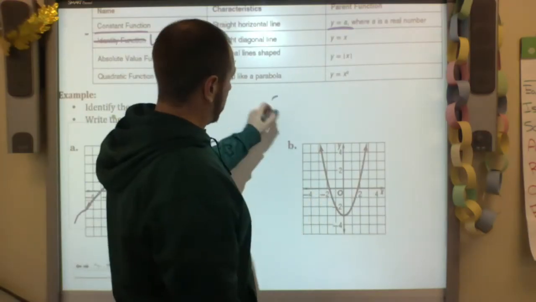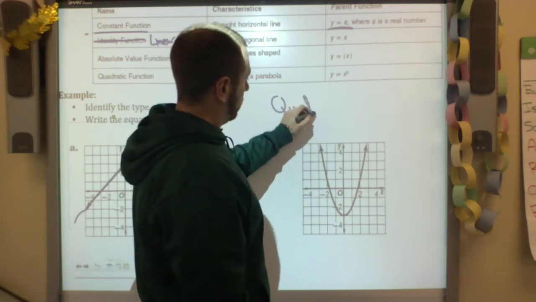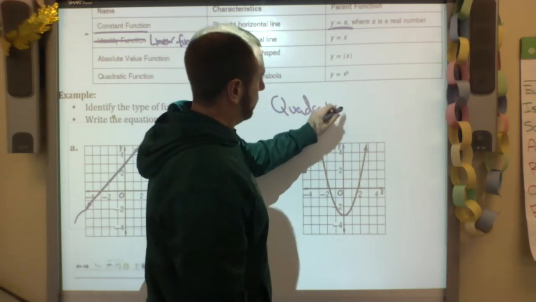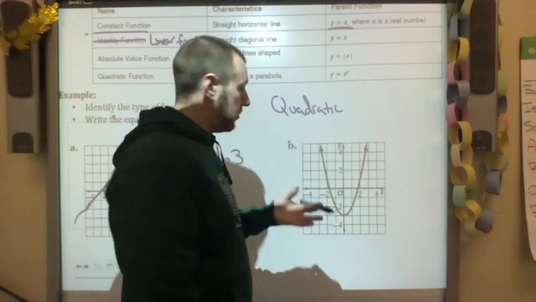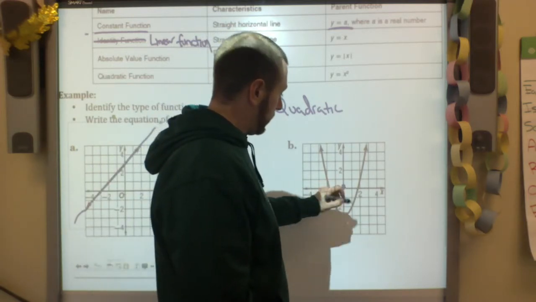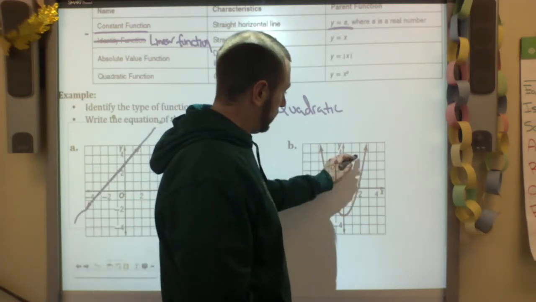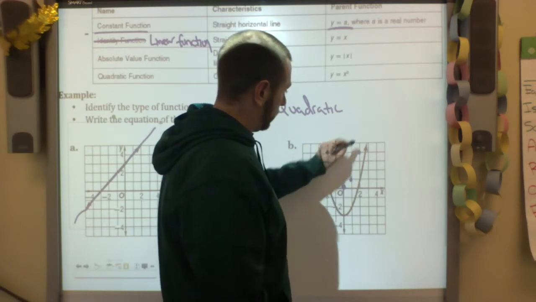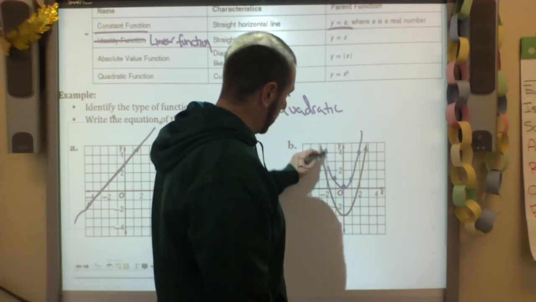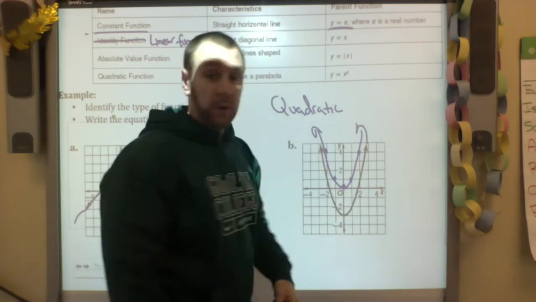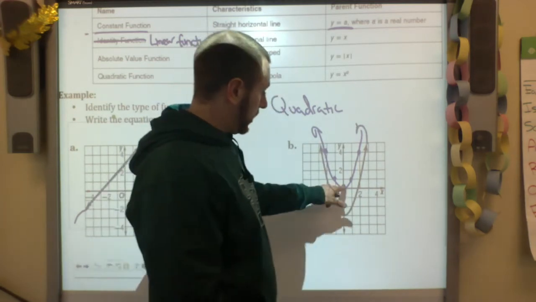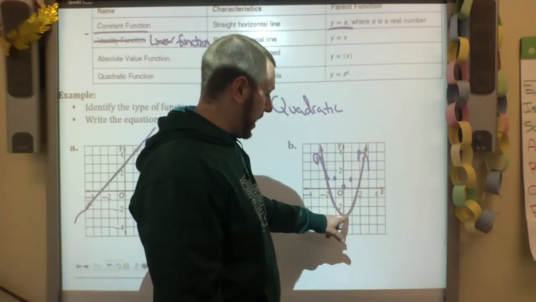Here, it's a quadratic. Normally, my graph would look something like this. What happened to that graph? I took it and moved it down.